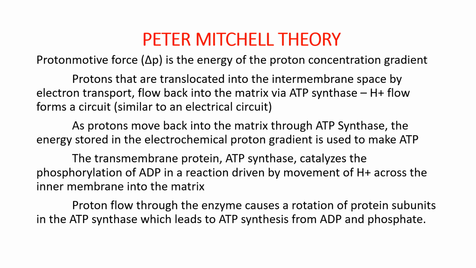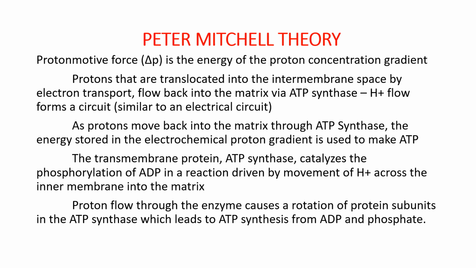Protons that are translocated into the intermembrane space by electron transport flow back into the matrix via ATP synthase. As protons move back into the matrix through ATP synthase, the energy stored in the electrochemical proton gradient is used to make ATP.